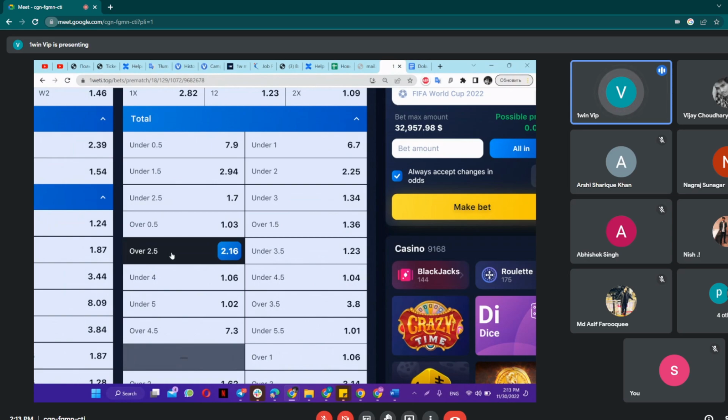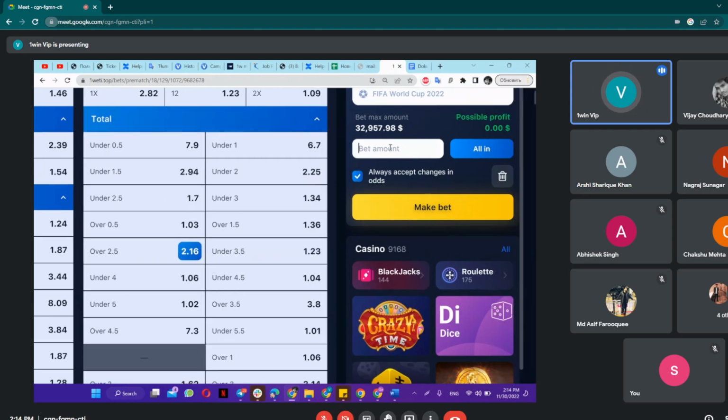So how many goals should both teams make together for me to win the bet? I bet over 2.5. Three, minimum 3. If they have 3, I will already win my bet, and I will receive my winning amount.